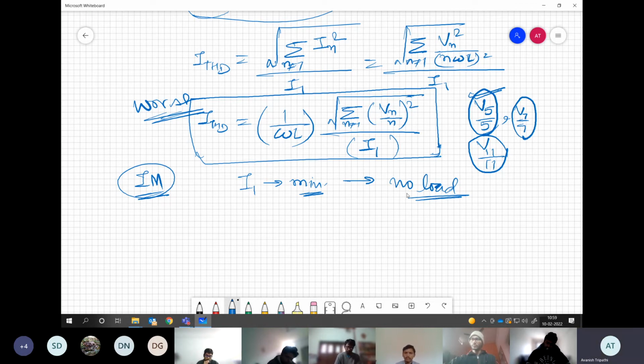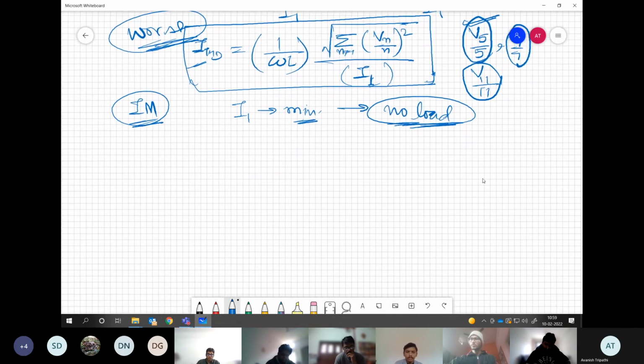Under that condition, I will have the minimum value of I1 and the worst value of ITHD. So if I can keep my worst ITHD within limits, then I am going to find anything better for the further loading of the induction motor. Correct? Is this point clear?